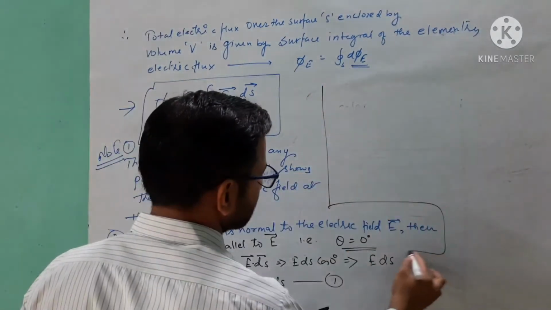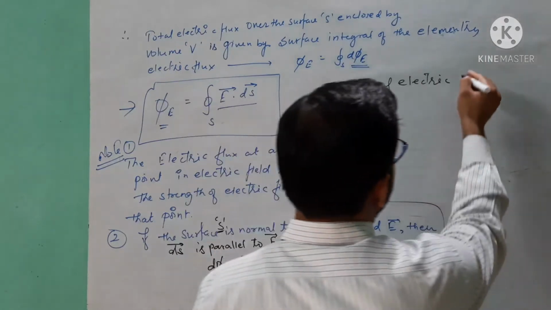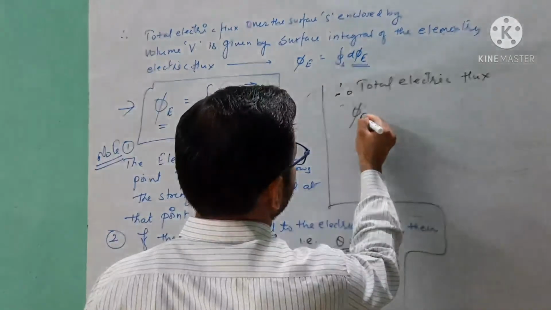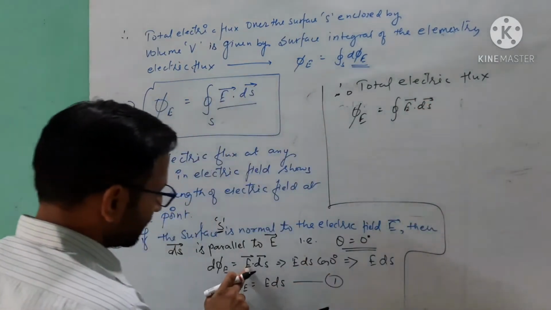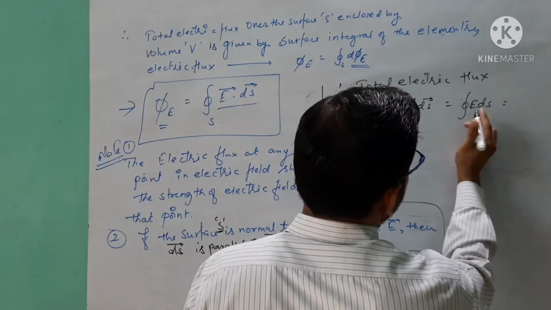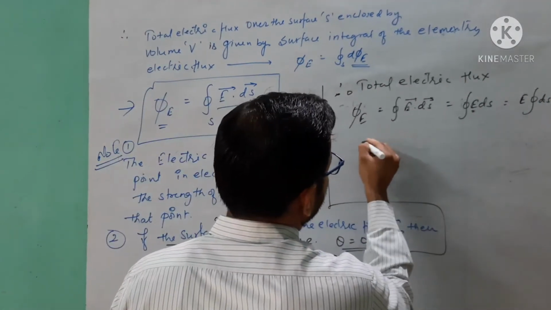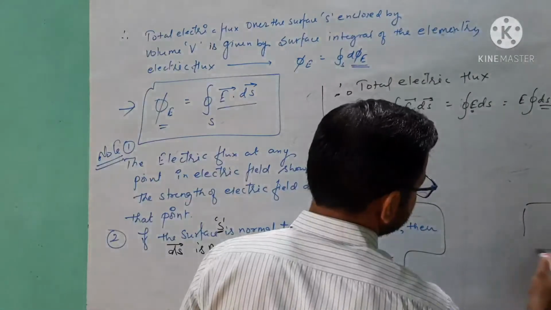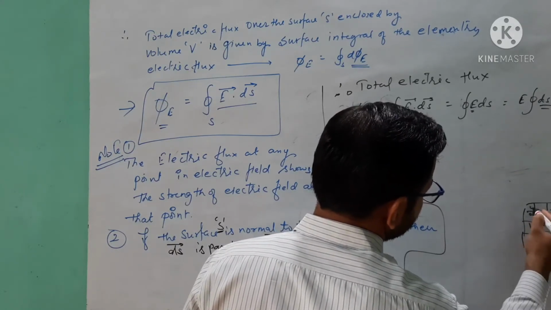Therefore the total electric flux over the surface S enclosed by volume V is given by the surface integral of E dot dS vector, and we know that E dot dS vector is equal to E dS. E is a constant, so we take it outside the surface integral. The surface integral of dS is written as the total surface, which I am representing by S, divided into small elementary surfaces dS.